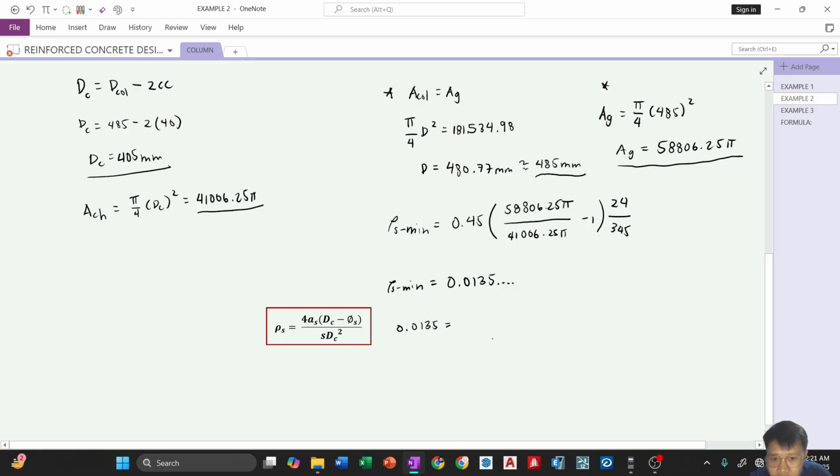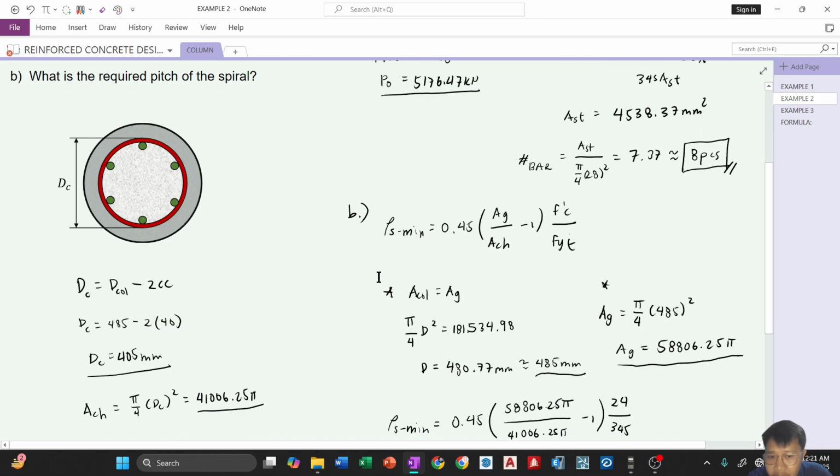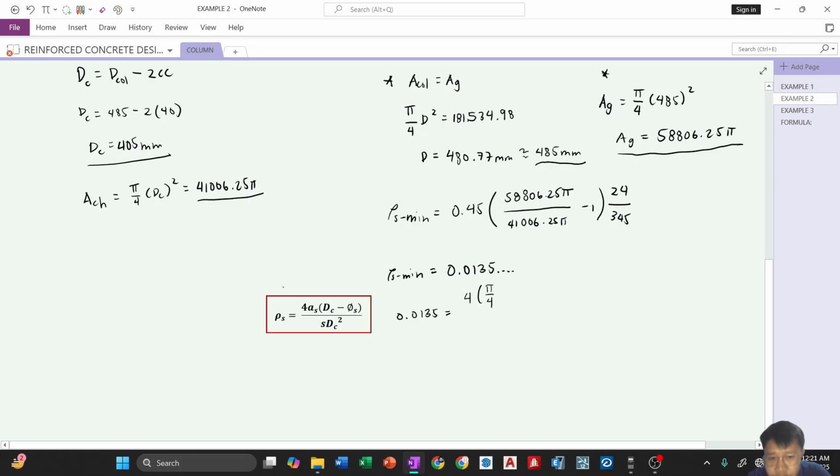0.0135 is now equal to 4. Again, yung AS dito ay area nung spiral reinforcement, no? So that is pi over 4. Ang sinabi na diameter ay 10 mm. Alright? So pi over 4, 10 squared.